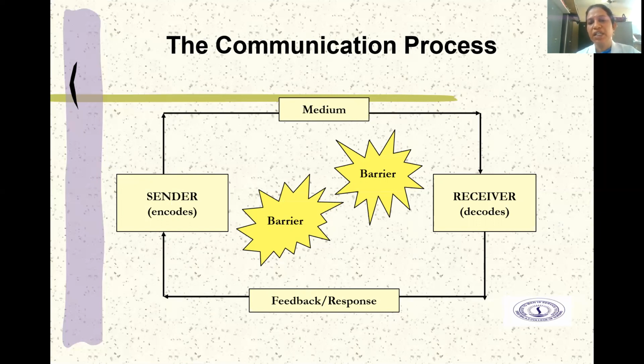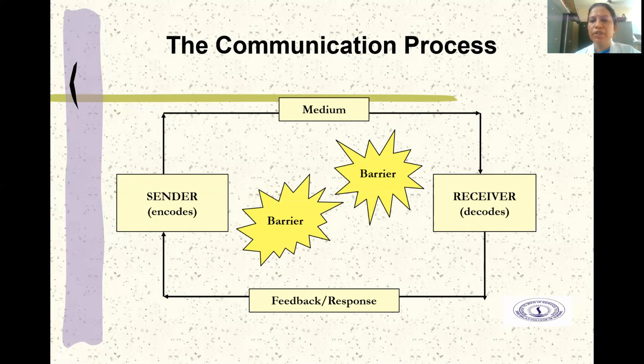That is feedback. If there is a barrier between them, like noise, or the sender is not able to talk properly, he has a cough and cold, keeps sneezing while talking, he is not able to talk continuously, he has hiccups or a stammering problem, he is not well, then though he wants to talk, he may not be able to.